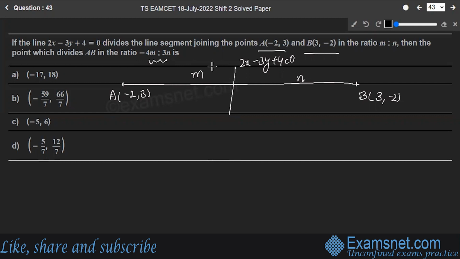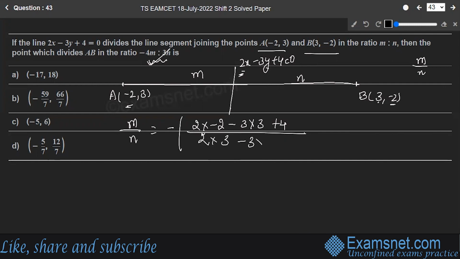So basically, if I get m upon n, then I can easily find out my required answer, right? And you can find the m upon n ratio. m upon n is given by minus of 2 into minus 2 minus 3 into 3 plus 4, whole divided by 2 into 3 minus 3 into minus 2 plus 4.